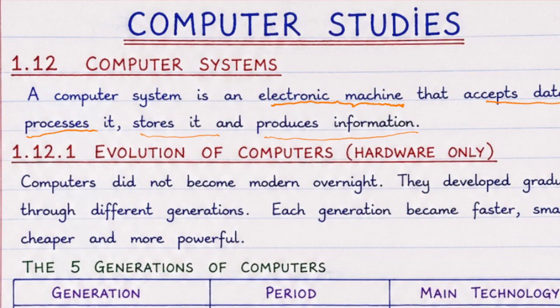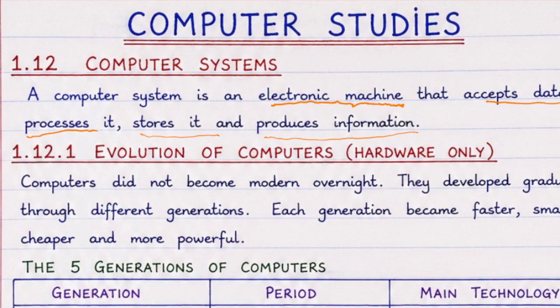But it's more than that. A computer system is an electronic machine. An electronic machine uses electricity, that's where it comes from. It accepts data, processes, stores it, and produces information.